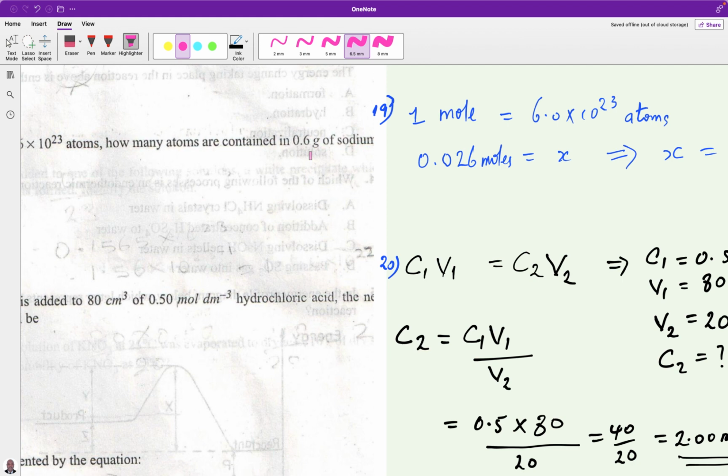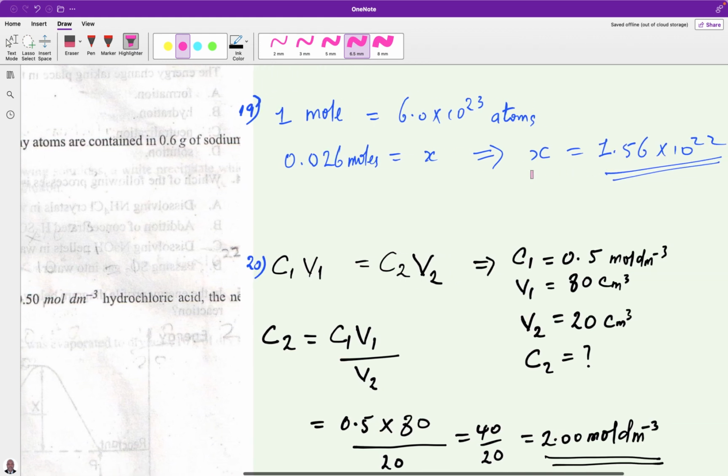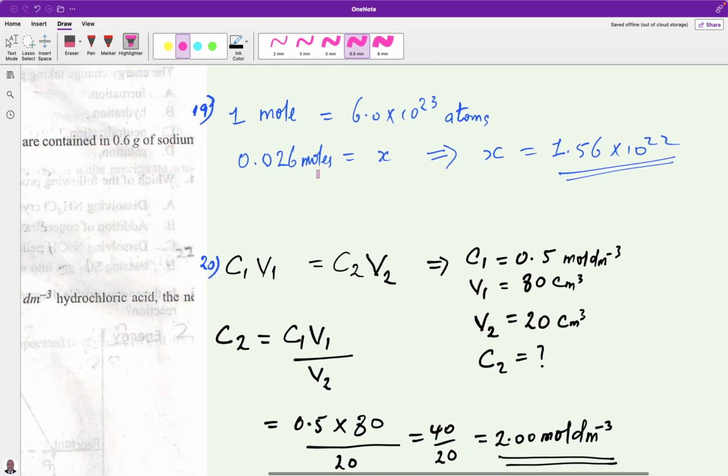We will have 0.026. Those are the number of moles. We have been given grams here, and to convert it to moles, we divide it by the relative atomic mass. So 0.026 moles of sodium will contain this number of atoms. 1 mole is this.